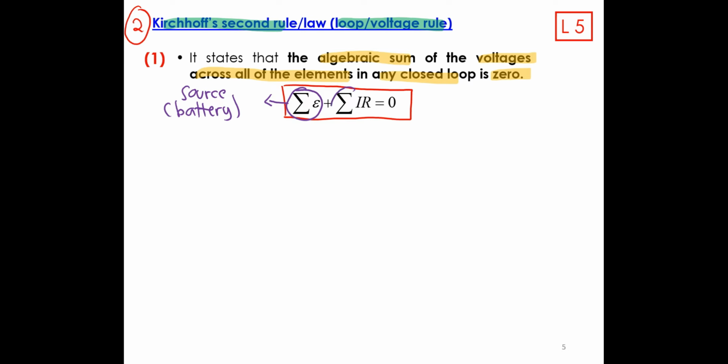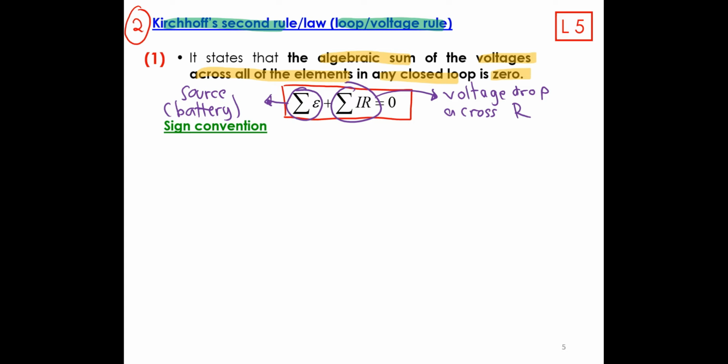And the summation of the product of current and resistance is known as the voltage drop across the resistor, because of the opposition of current by the resistance.